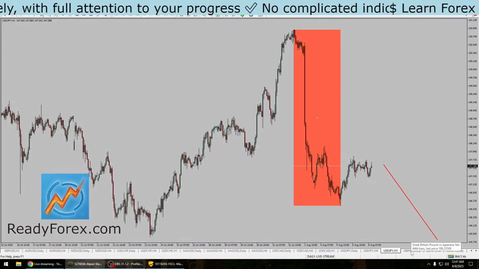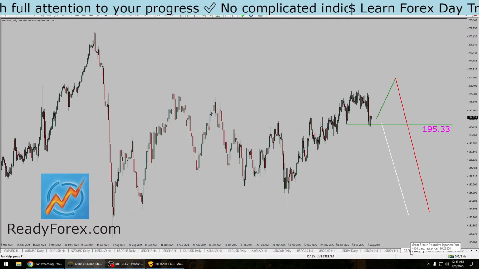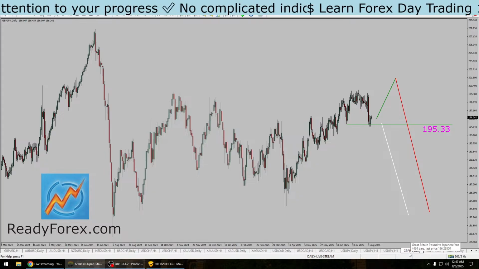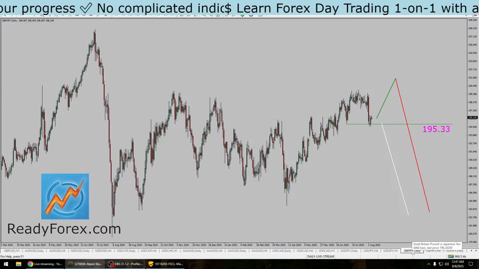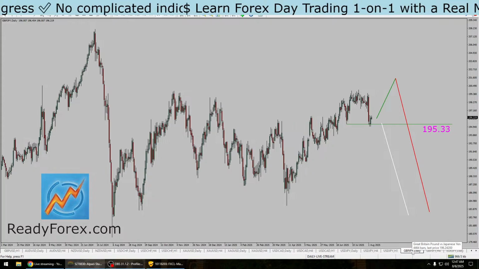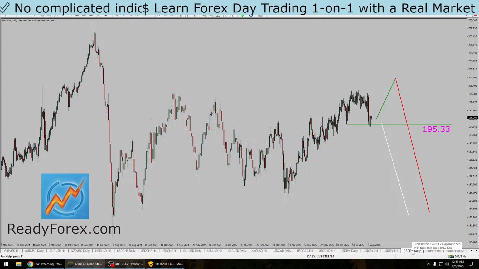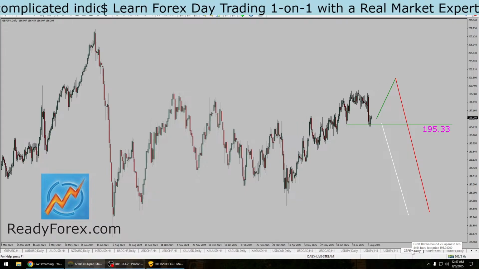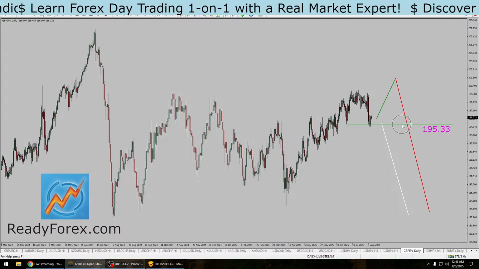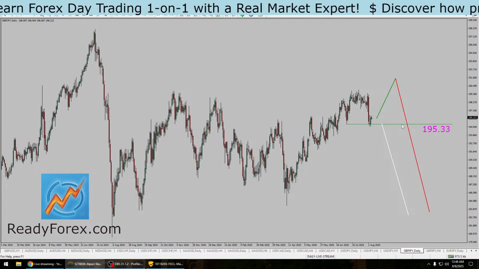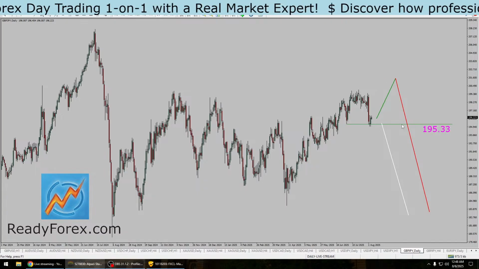Next one, pound yen, GBPJPY currency. GBPJPY daily time frame. So far market is trying to bounce from the 195.33 level over here. Okay, so far it's trying to bounce over here.